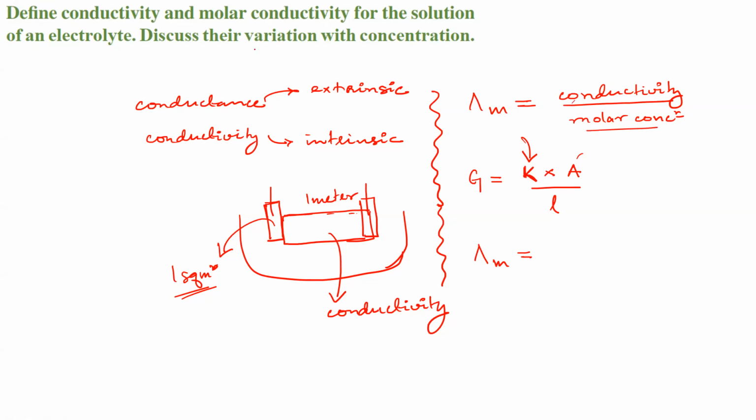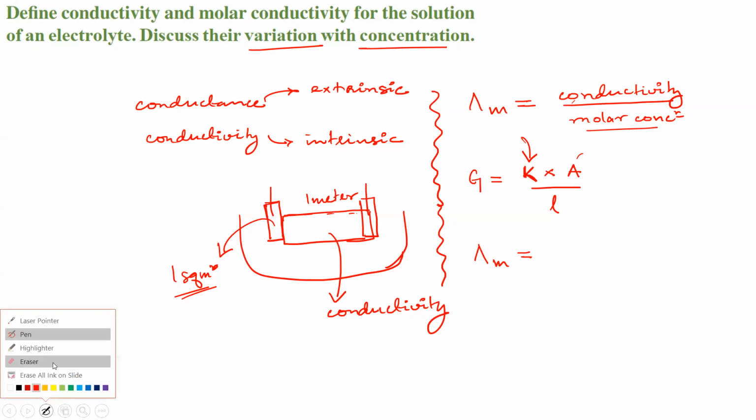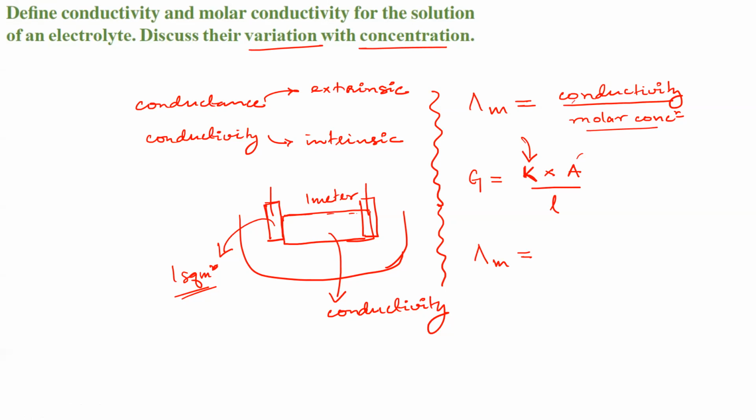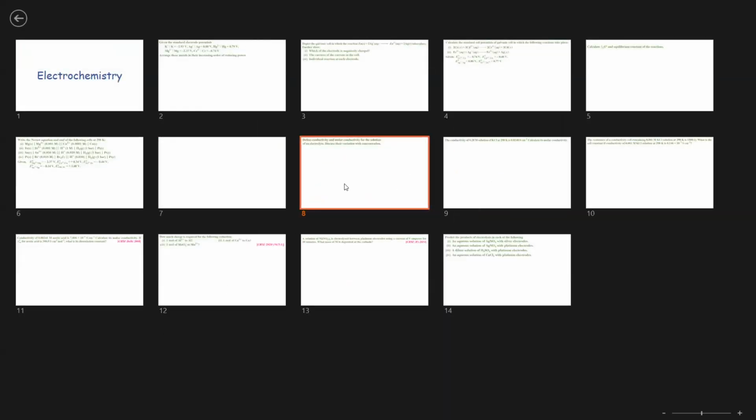Okay. Next, what is the variation with concentration? What is going to happen with the concentration that we are having? Let me erase this part. Now let us talk about the molar conductivity.